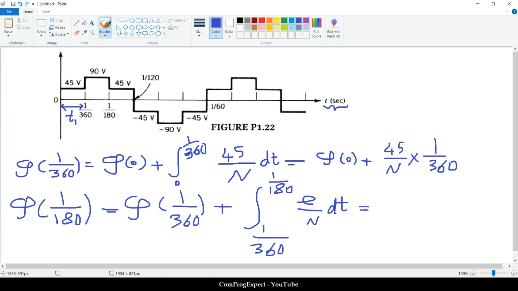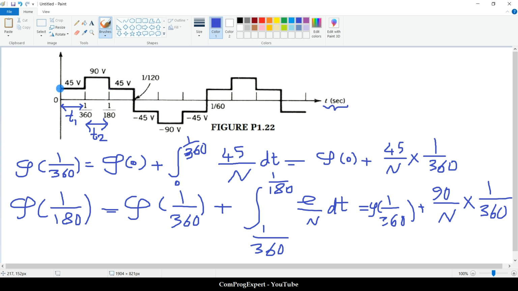So this is equal to phi at 1 divided by 360 plus, the value of e is 90, divided by N times the time interval, 1 divided by 180 minus 1 divided by 360, that is 1 divided by 360. The time interval is the same. So you can repeat these calculations to calculate the flux for the next points, and so on.